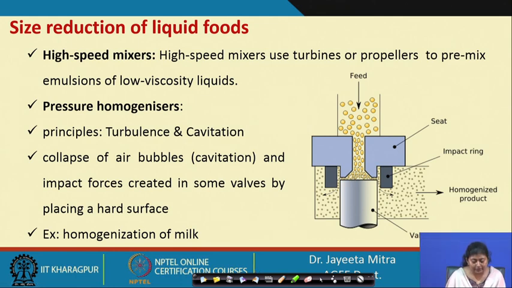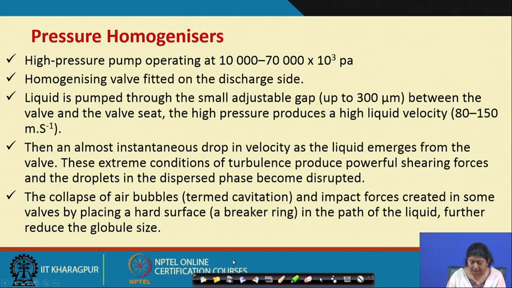The collapse of the air bubbles, which is called cavitation, and impact forces are created in the valve by placing a hard surface, the valve sheet here. This process is used in the homogenization of milk. The high pressure pump used here has a pressure of 10,000 to 70,000 into 10 to the power 3 Pascal.